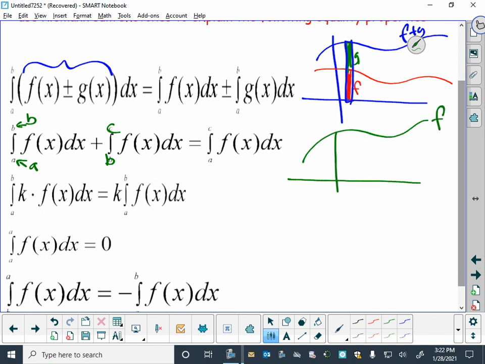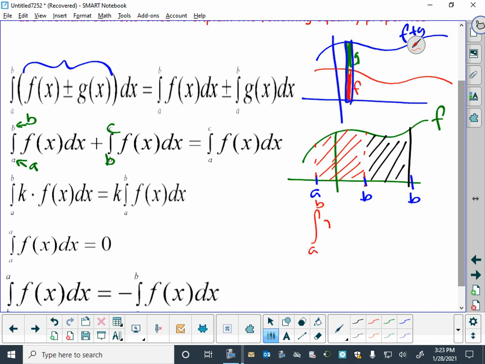Here's our function f, and we've got a point A, a point B, and a point C. It says that if you were doing this definite integral, and I'm going to display these all as area things, it just makes it easier conceptually, then this red part over here is the definite integral from a to b of f of x dx.